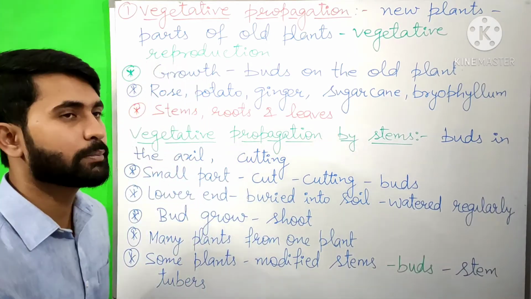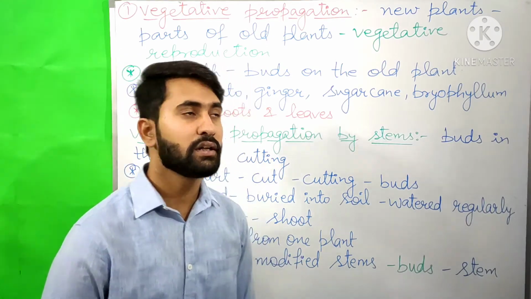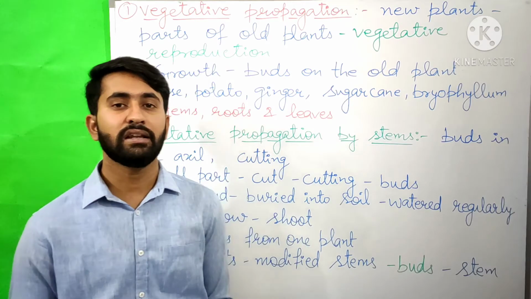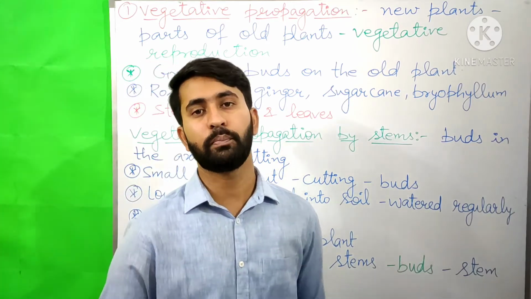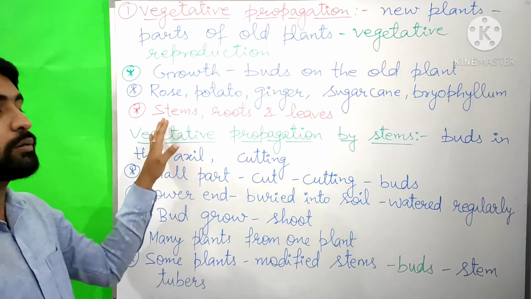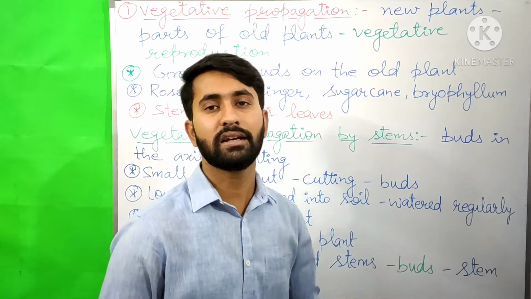The vegetative propagation generally involves the growth of buds on the old part of a plant which can produce a new plant. Vegetative propagation can take place from the parts of the plant such as stems, roots and leaves.